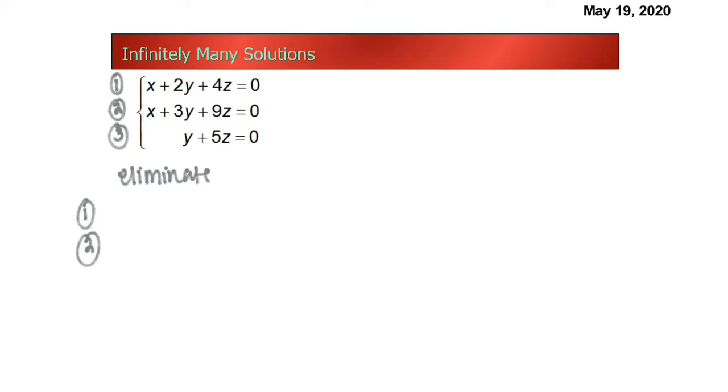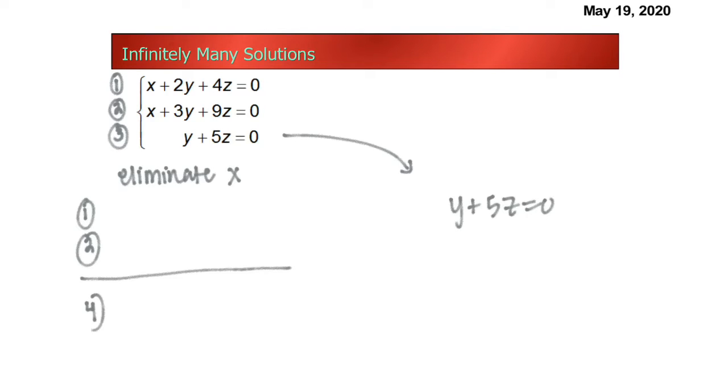Because if I eliminate x, then I'm going to have this equation over here that is y plus 5z equals 0, and I will be able to combine my new equation 4 with the existing equation 3, and then we'll be able to work that down to a single variable. At least that's my hope.